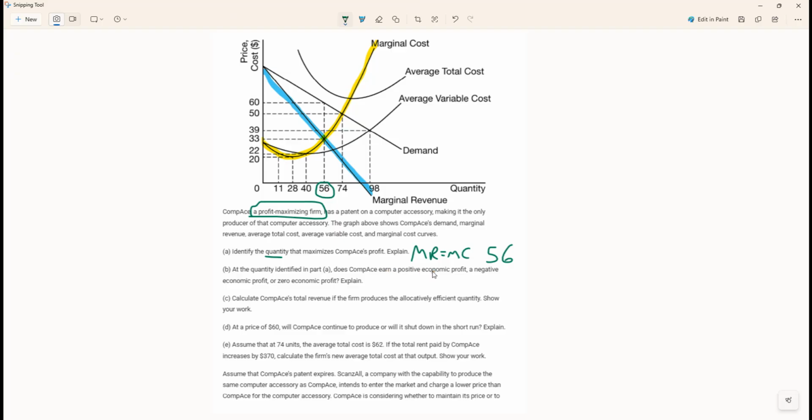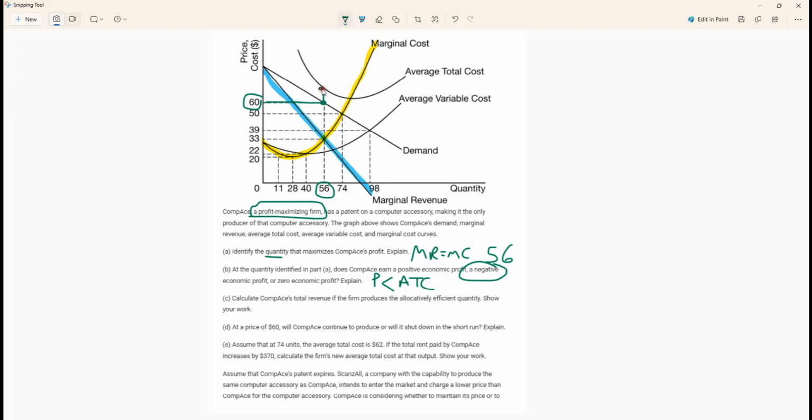At the quantity, do they earn a positive economic profit or negative economic profit? The answer is negative. What you want to do is look for where their average total cost is. Whenever price is less than average total cost, they are suffering a loss. So the price they're going to charge, you follow it up here, this will be the price. They're going to charge 60, and then their average cost is up here.